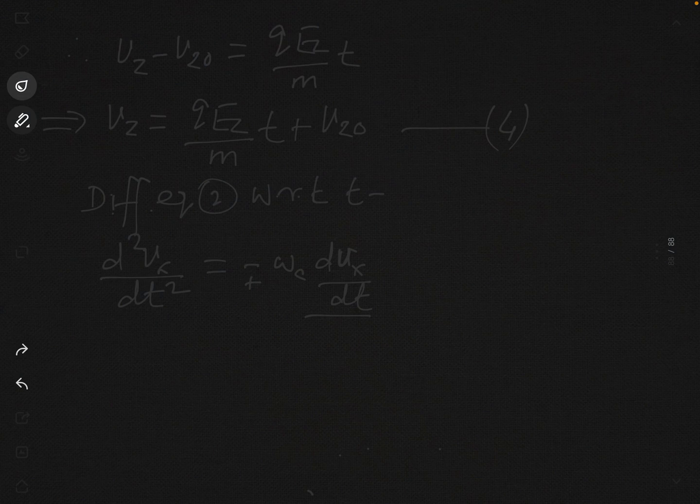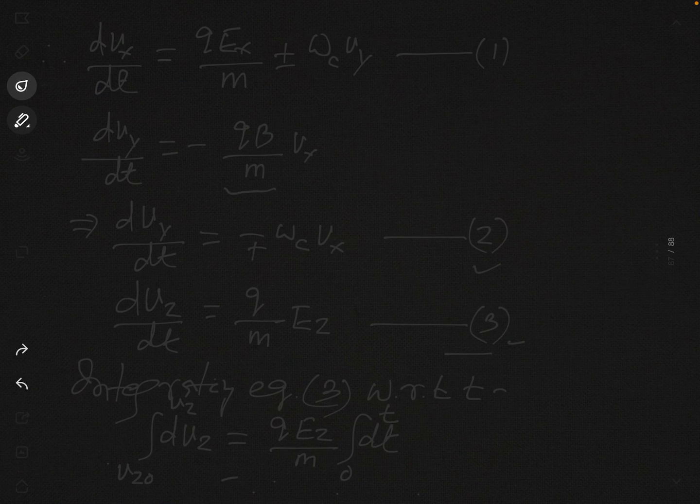We have to actually differentiate dvy by dt. So let us differentiate equation 2, not equation 1. You can see from here that this will be d2 Vy by dt square.